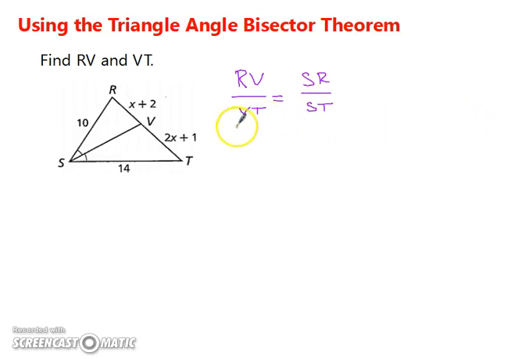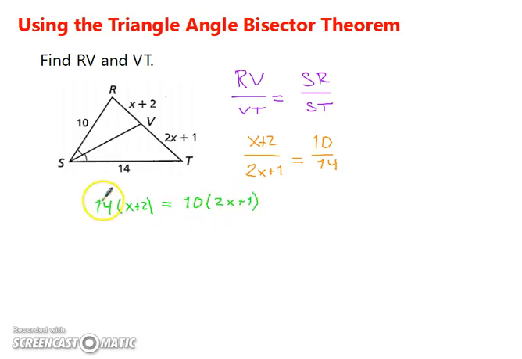Now we can substitute. We have x plus 2, which is our RV, and then our VT would be 2x plus 1, and that needs to equal our 10 over 14. Now let's cross multiply. So we have 14 times x plus 2 equals 10 times 2x plus 1. Let's distribute.